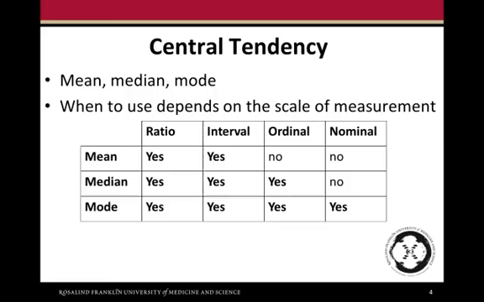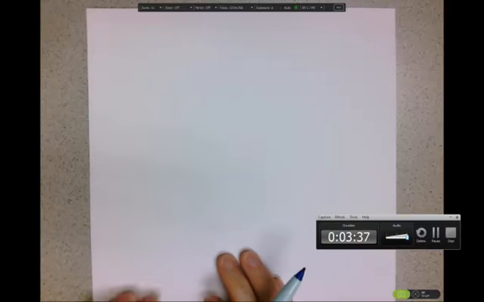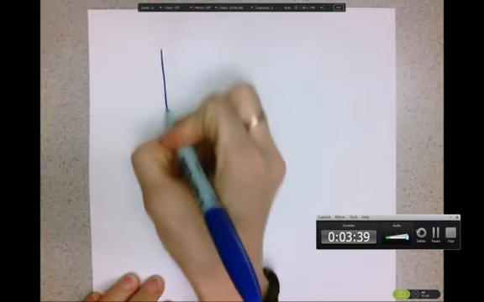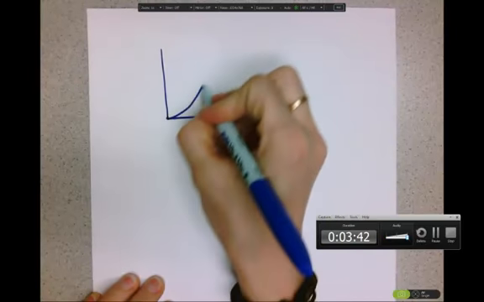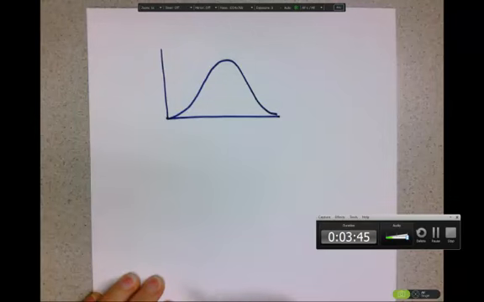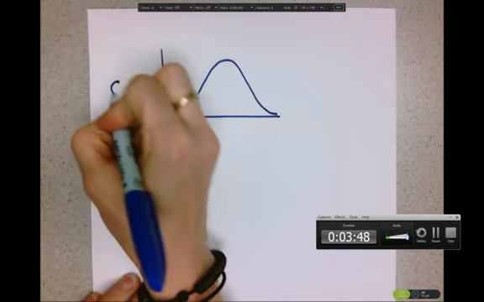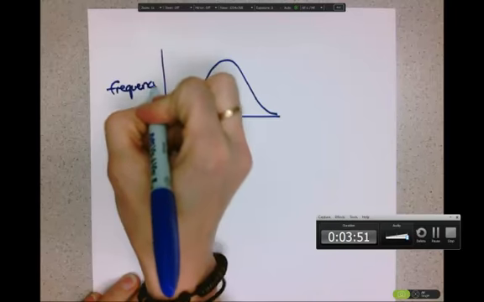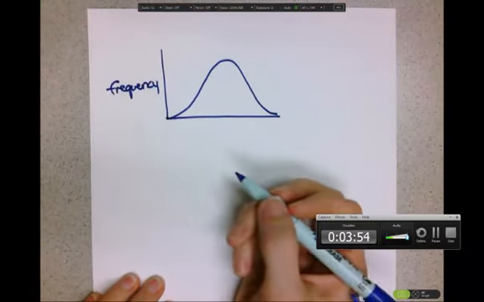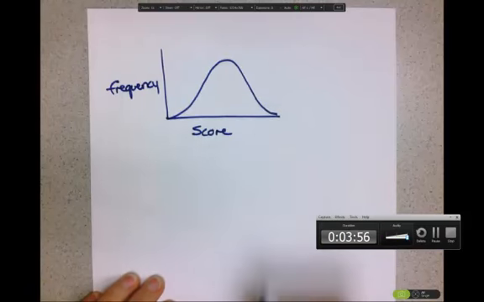So I'm not going to go into calculations of the mean, median, and mode, but I will cover where the mean and the median fall when we have symmetrical data versus skewed data. So when we have symmetrical versus skewed data, the meaningfulness of the mean and the median are going to be different. So if here we have something that looks quite symmetrical, like a normal distribution, we're going to have frequency on our y-axis and the value or our score on the x-axis.